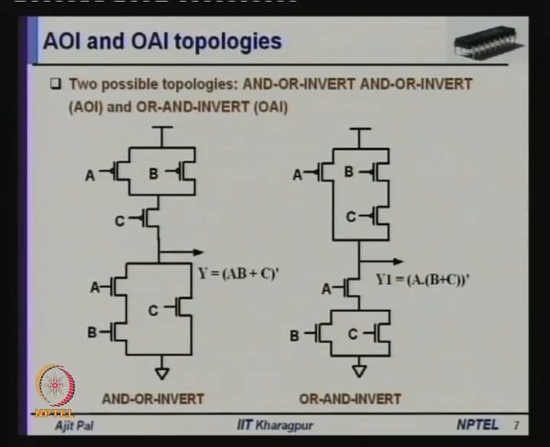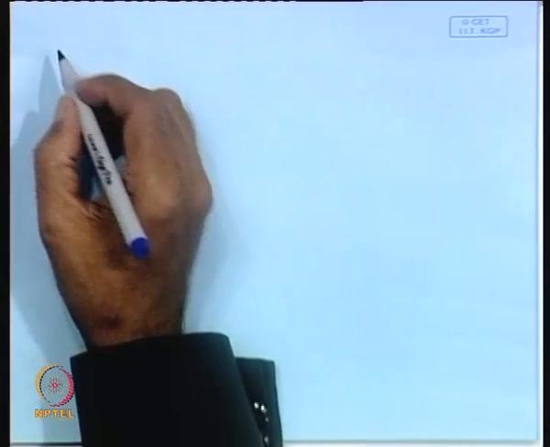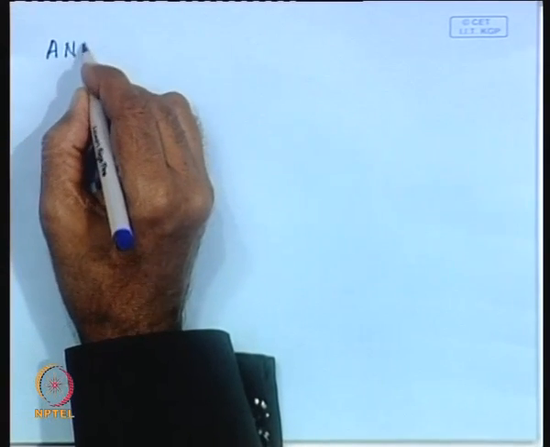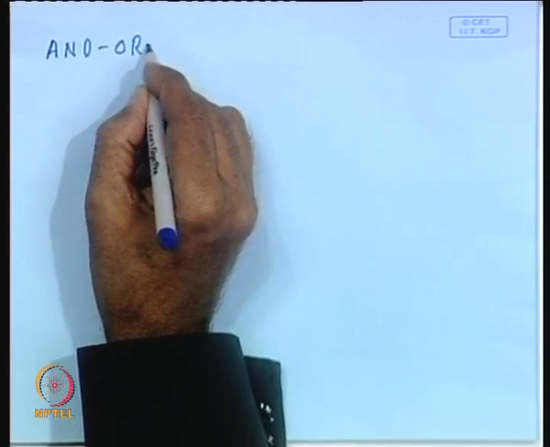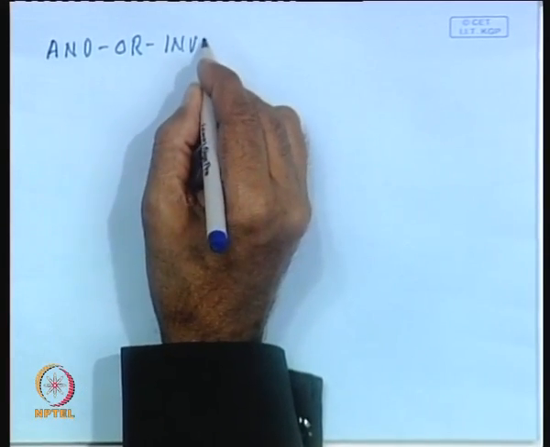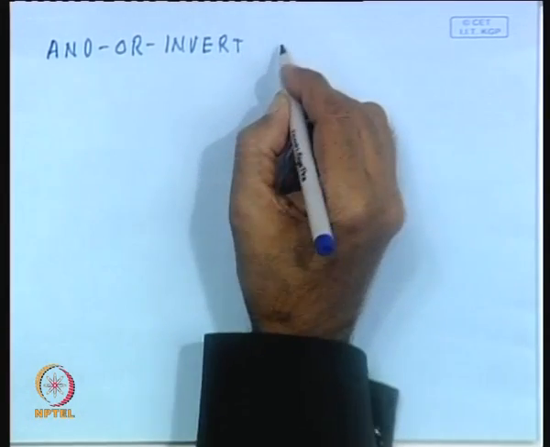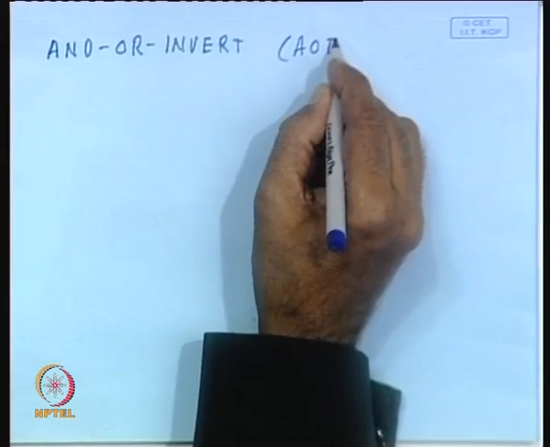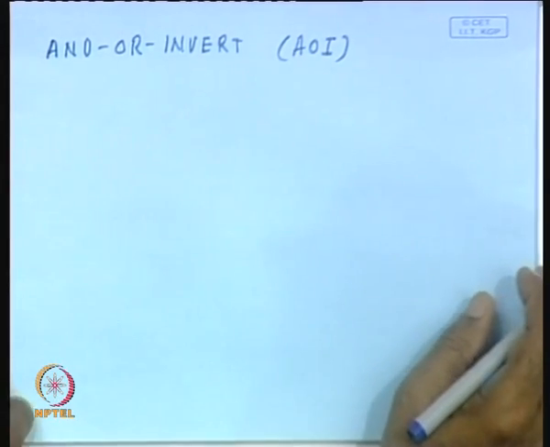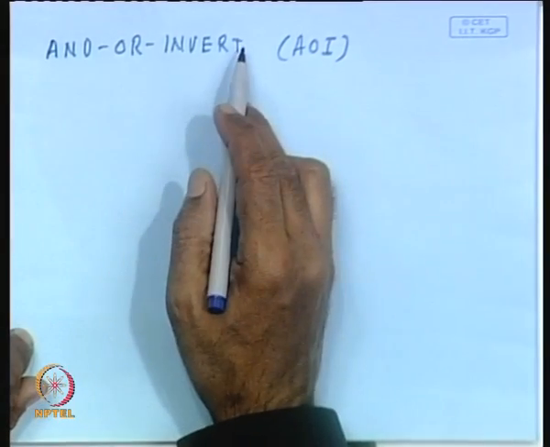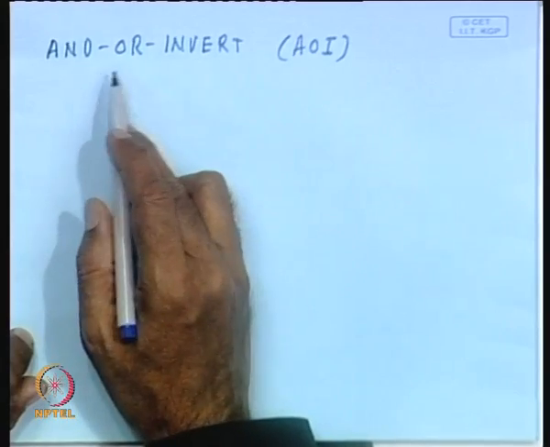Essentially, there are two basic approaches or rather two basic topologies. One is known as AND or invert, in short AOI. That means, you can express the function in terms of AND or invert.